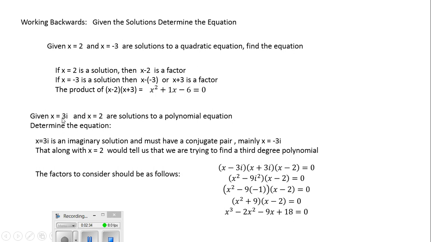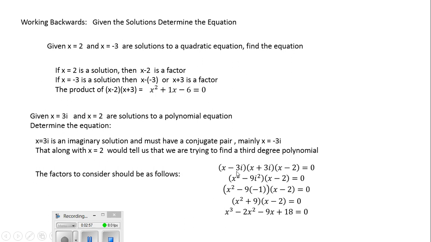Since x equals 3i is said to be a solution, it is imaginary, it can only come in pairs. 3i and -3i are solutions, implying that x minus 3i and x plus 3i are factors, along with x minus 2 as a factor coming from x equaling 2 as a solution.